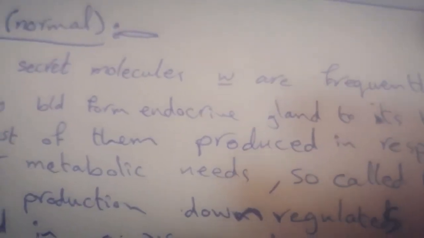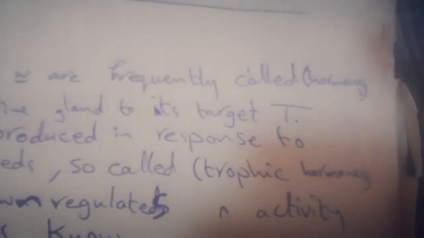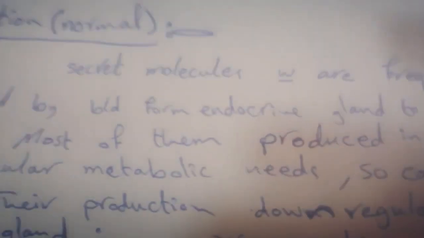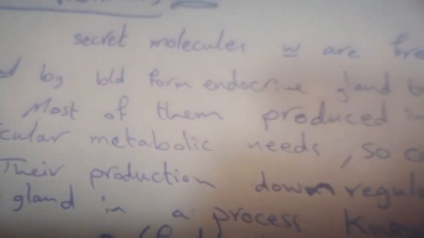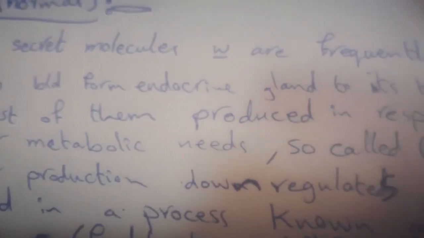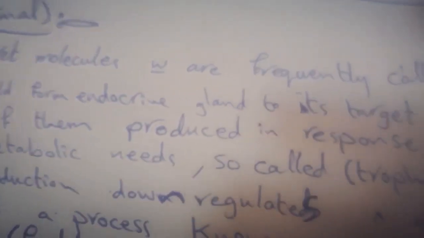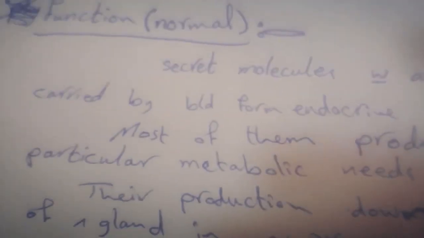The function of this system in the normal setting: normal cells secrete molecules, which are frequently called hormones, carried by the blood from the endocrine gland to its target cells.